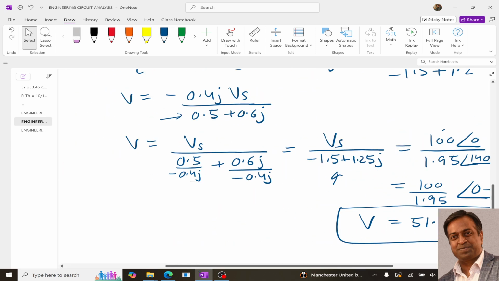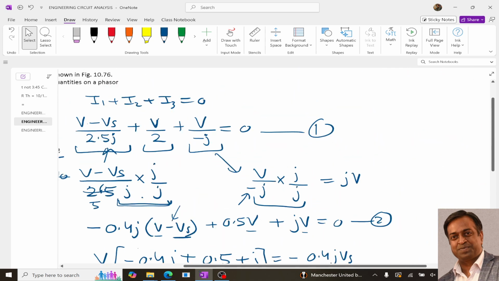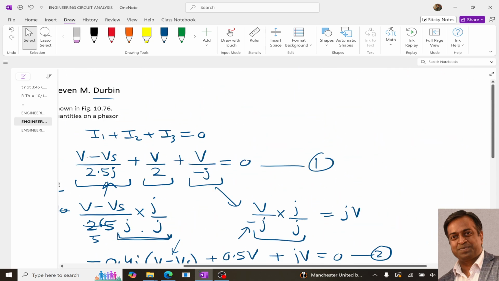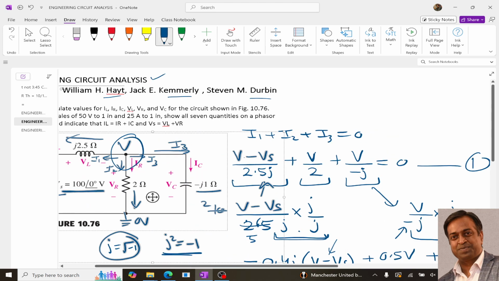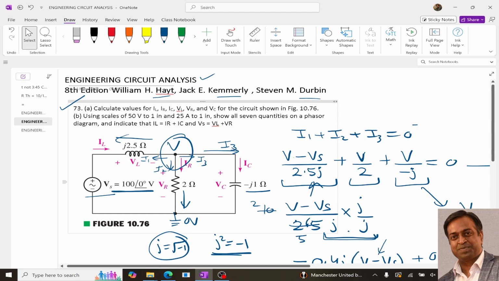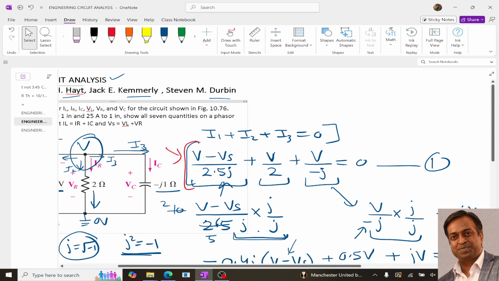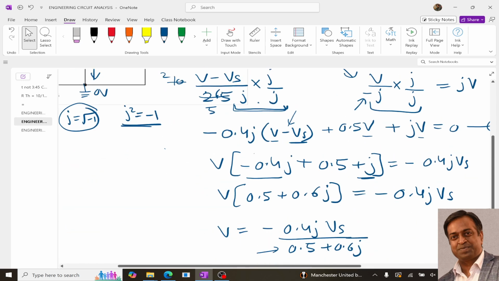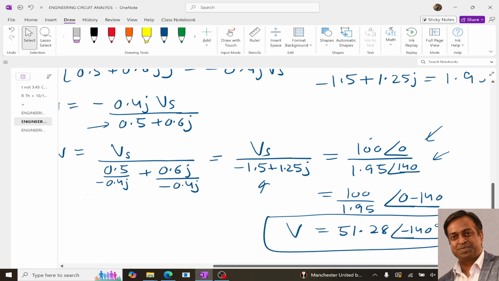So what we did overall for this question: considering this as a node, we simply write the nodal equation, and then once we get this equation, we solve it mathematically, and we come to this part.